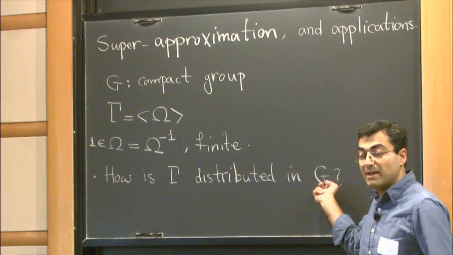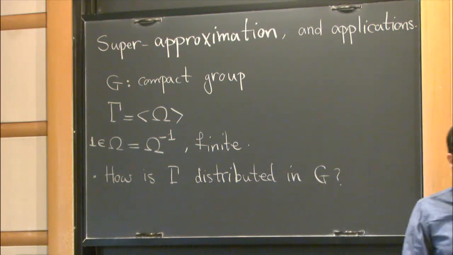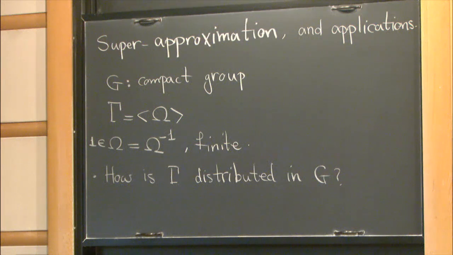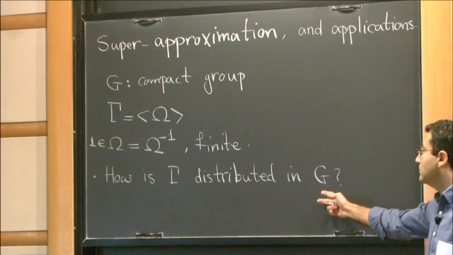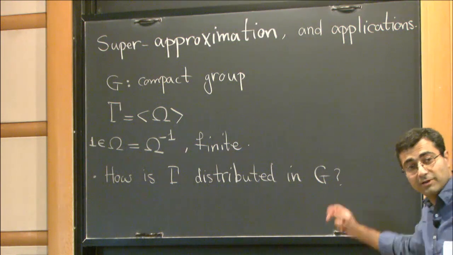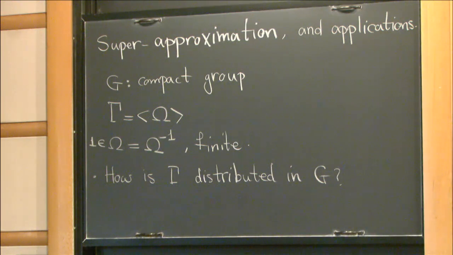The other groups that you can think of are like SL_N(Z_p). It's a compact group. You take SL_N(Z), for instance, inside SL_N(Z_p). It's a dense subgroup, and you want to see how dense it is. Or you can think about SU(N), and then you can cook up a dense subgroup inside that, and you can ask again, how is it distributed? So these are the kinds of questions that you want to understand.